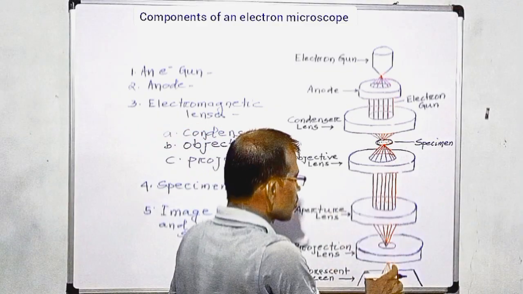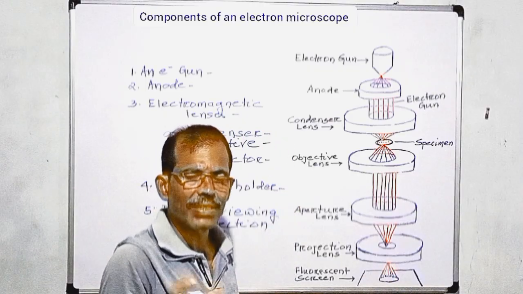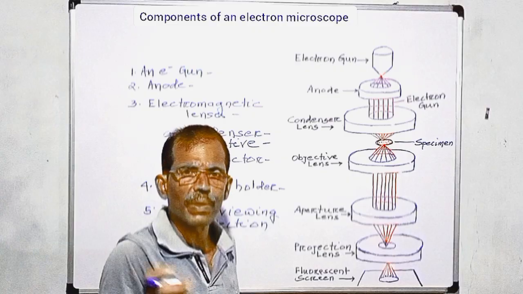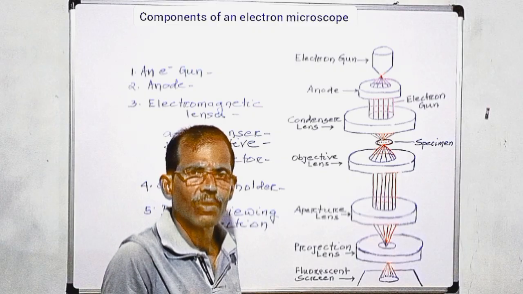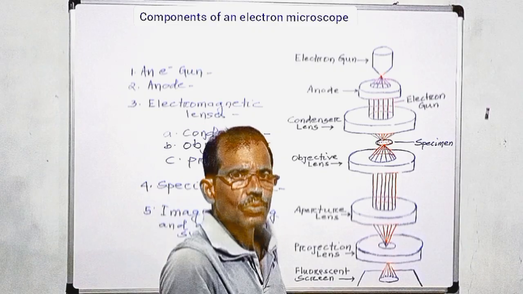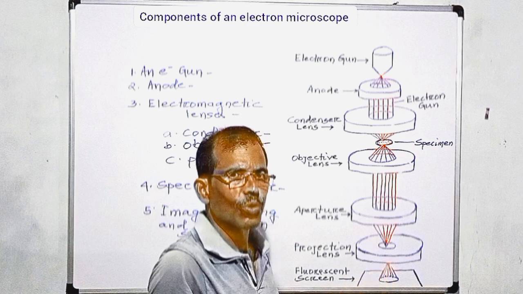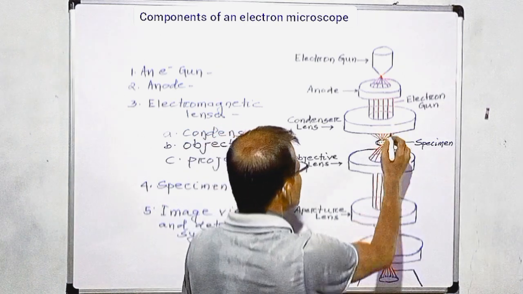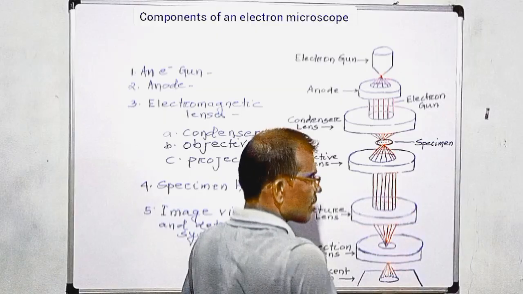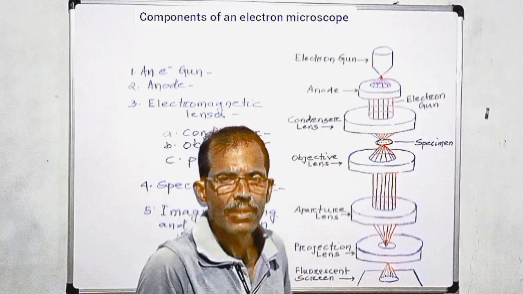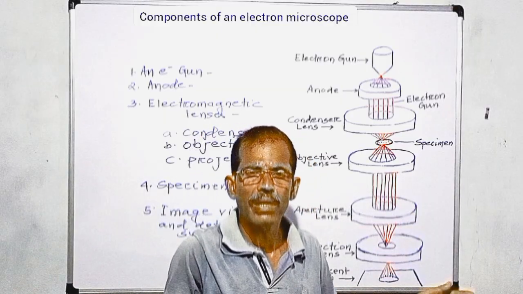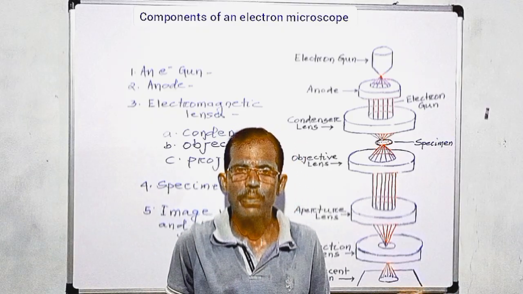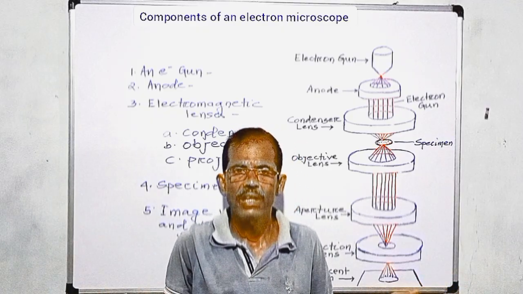The whole microscope is mounted vertically in a vacuum column so as to prevent the collision of electrons with air molecules. So in the electron microscope, three different lenses such as condenser, objective and projector work together to produce a highly magnified image which is sharper, clearer and more detailed.